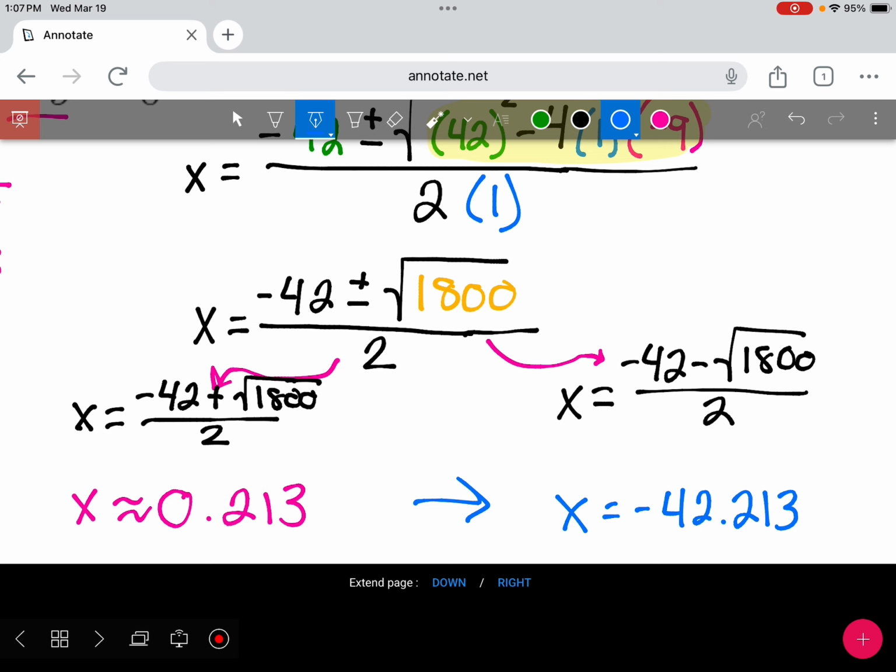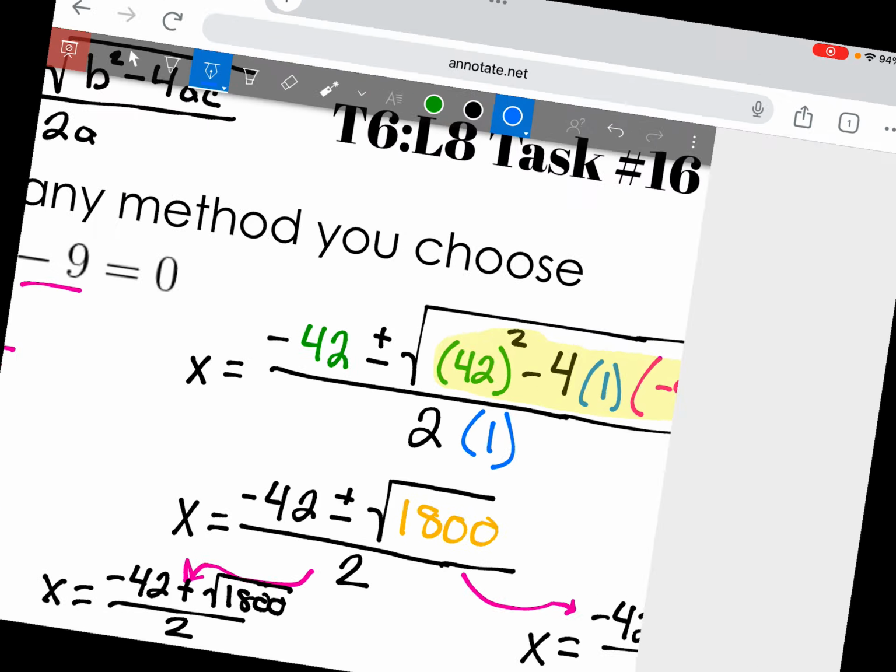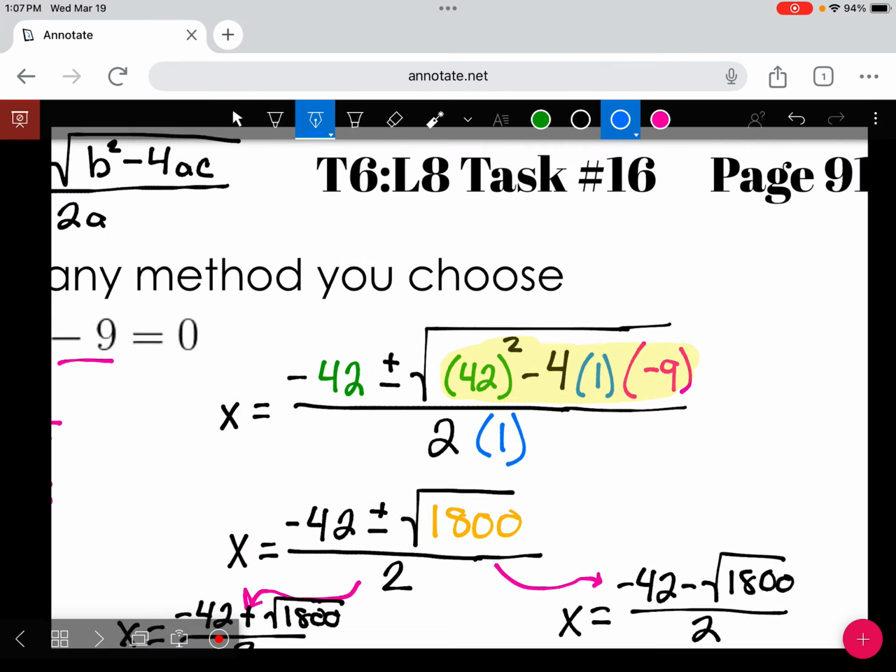Okay, so the quadratic formula stuff is a little bit messy. But we can use that. And the benefit of the quadratic formula is that it works every single time. It's just messy.